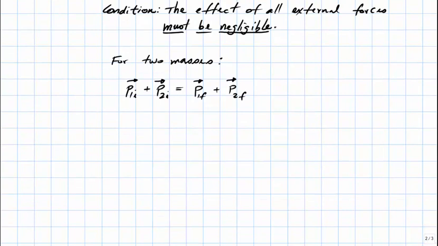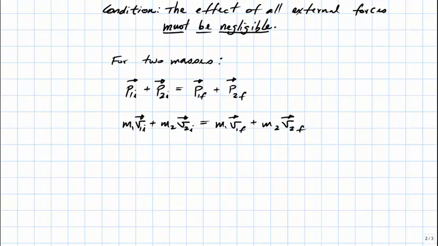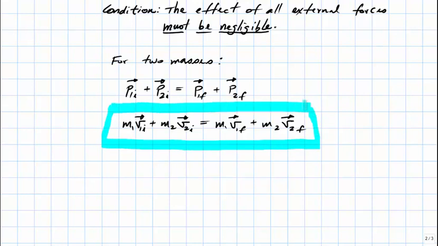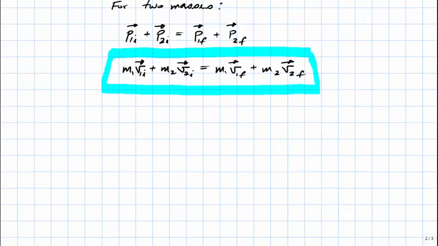The working equation looks like this. M1 V1 initial plus M2 V2 initial must equal M1 V1 final plus M2 V2 final. This is the working equation, so we will place it inside of a box. And we will also introduce a few important notes.